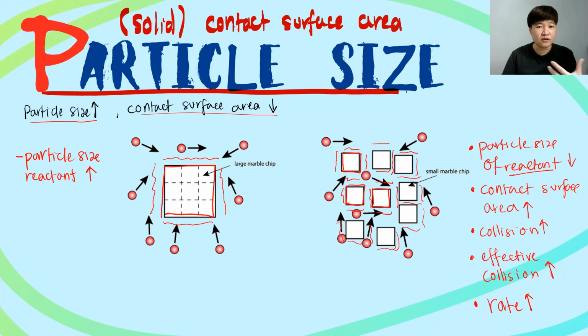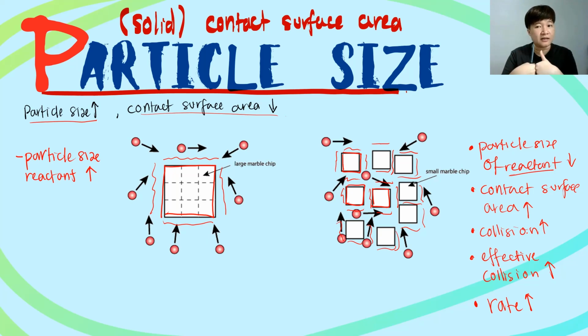So the particle size of the solid is very, very important. I can give you a very simple example over here. You have a big block of sugar, and also you have small bits of sugar. Which one is easier to dissolve in water? Obviously, the small bits of sugar are easier to dissolve in the water. Why?